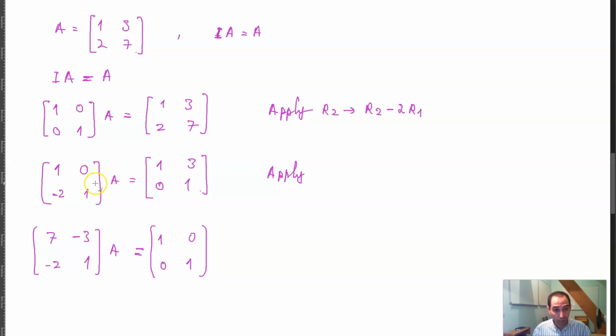So basically this would then be R1. They have to make some changes to R1, and R1 becomes R1, well, minus 2 times R2, I suppose. R1 becomes R1 minus 2 times R2.